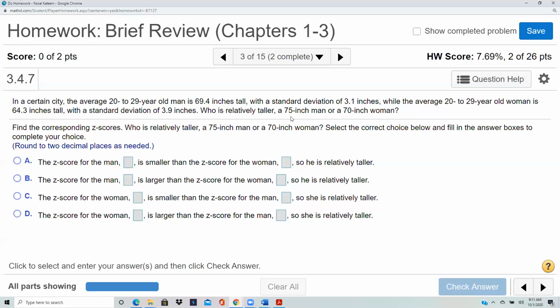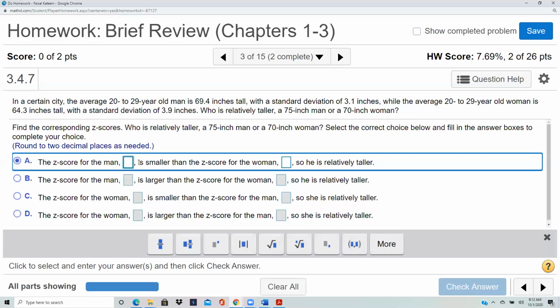See, two decimal places. I got 1.81. Okay, so let's put it here for a while. I mean, it may not be this choice, but let's put it here. And the women?